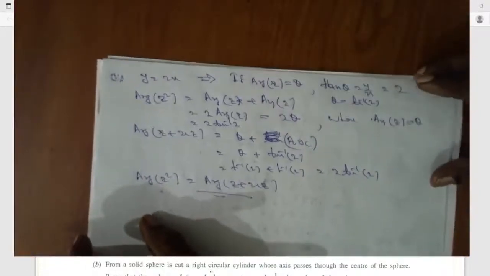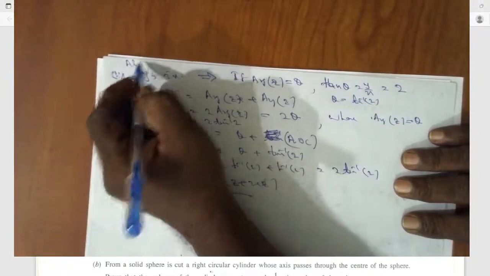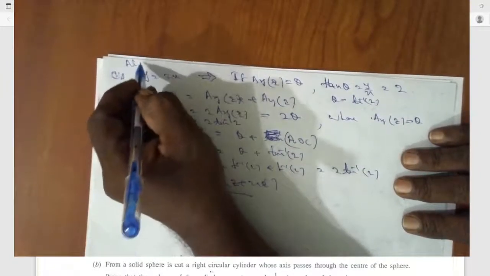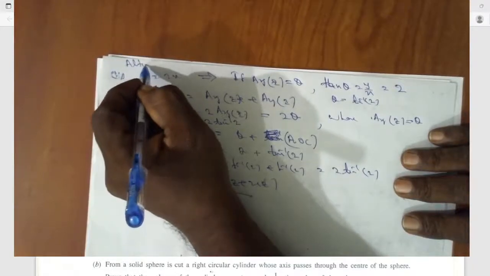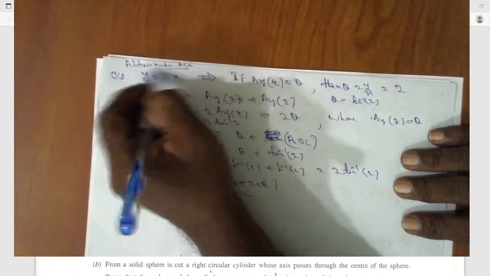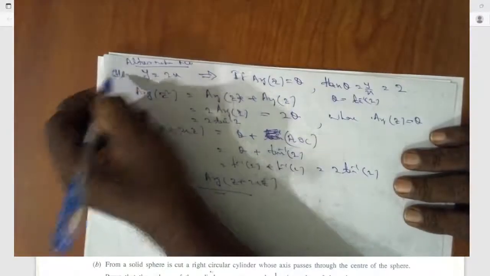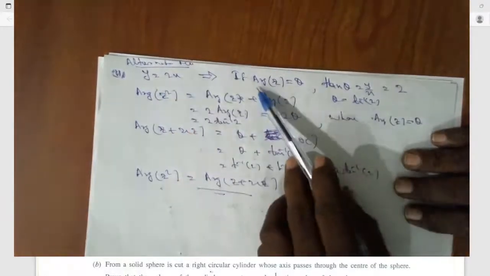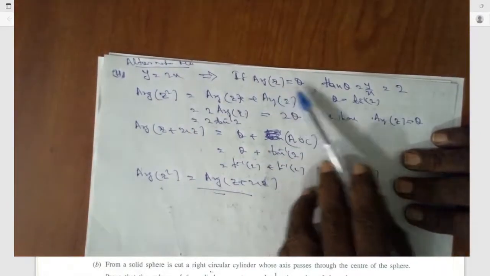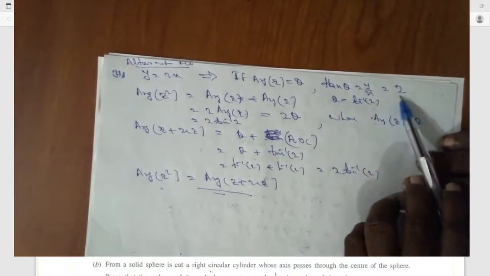So I will explain it again. Alternative method for part 2, right? If y equals 2x, you can take the argument of z equals theta, then tan theta equals y over x, that is 2.